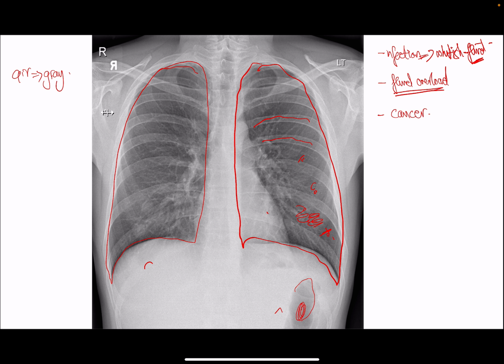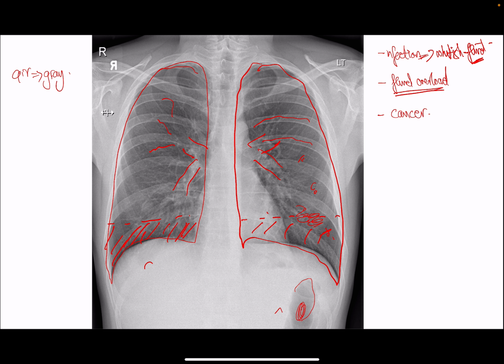So this is a big vessel, this is a big vessel, and these white little bits are vessels, and through them the fluid can leak out and collect lower down. So if there are whitish bits on both sides, especially on the lower side, that makes you wonder that maybe there is an underlying fluid overload, and one starts looking for causes of that.